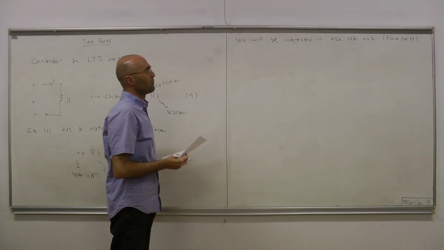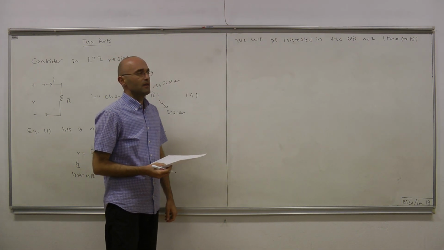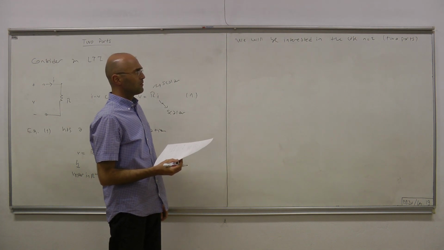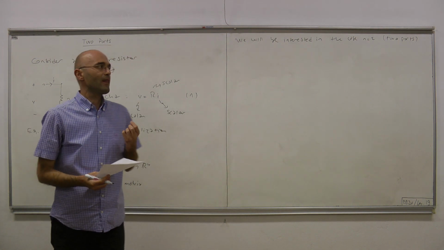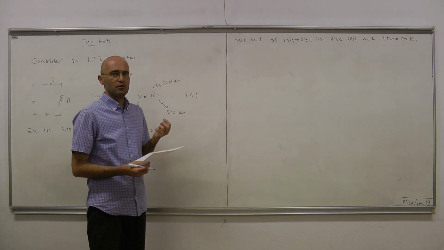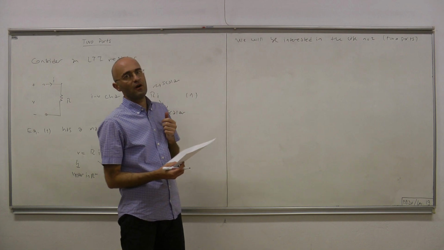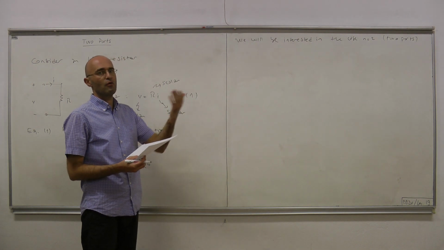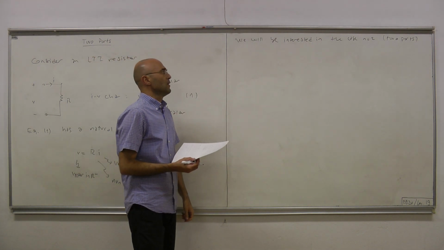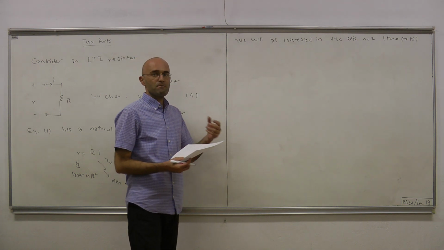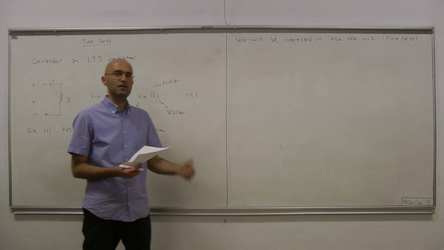Two ports means we have two pairs of terminals. For one pair, we have the associated voltage and current, V1 and I1. For the other pair of terminals, we have another voltage and current, V2 and I2.